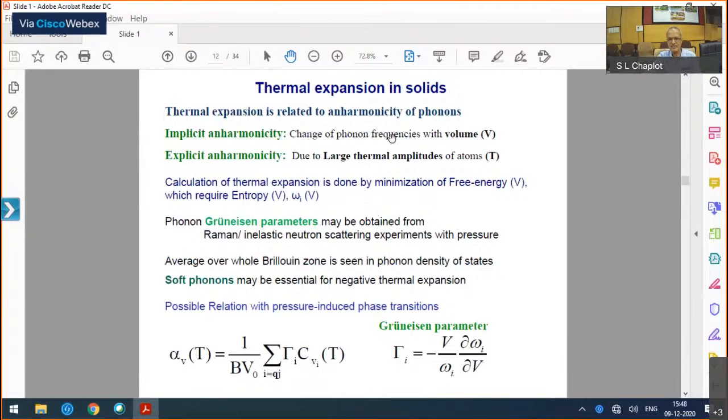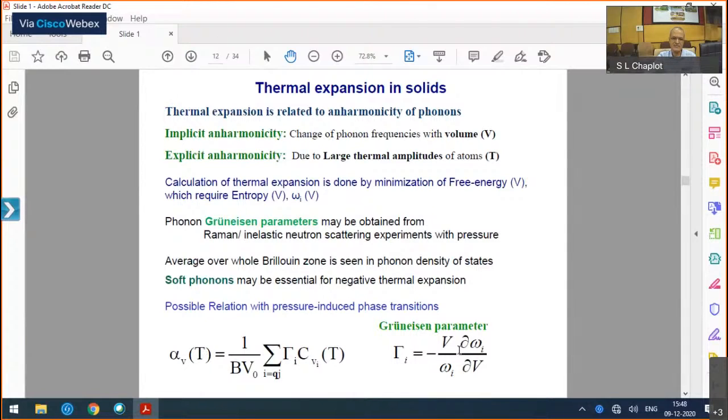That variation of phonon frequencies as a function of volume can be calculated in the quasi-harmonic approximation, and it is expressed as a Grüneisen parameter, how the frequencies change with volume. And actually, with not a very difficult theory, it's possible to write down how the thermal expansion depends on these Grüneisen parameters, which essentially carry the anharmonicity.